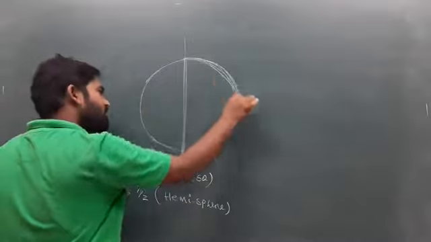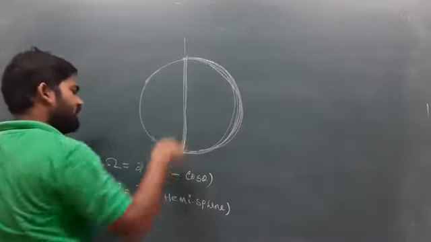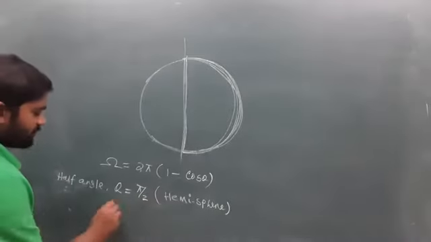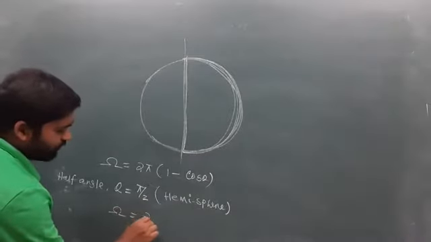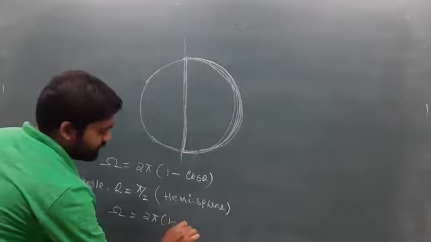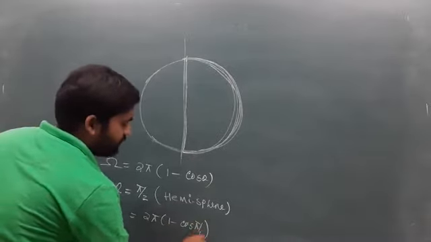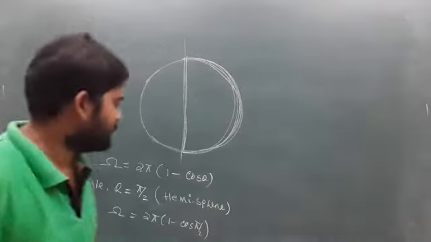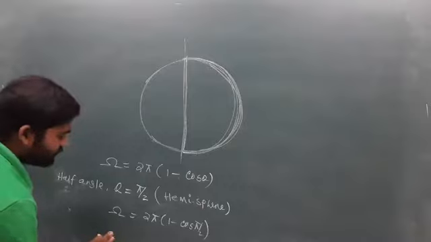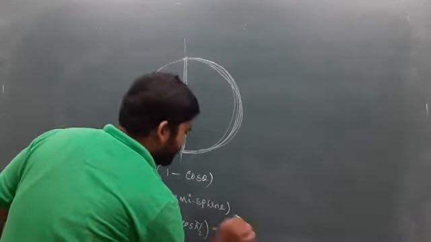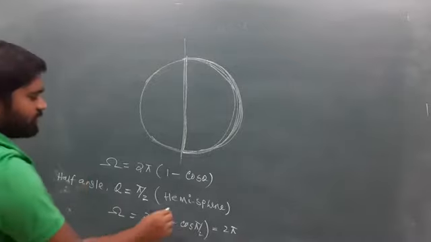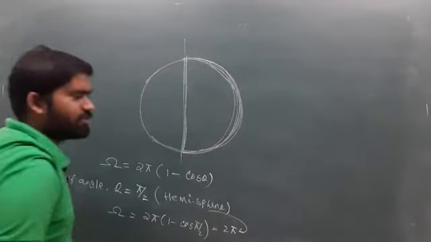In such a case the solid angle equals 2 pi into 1 minus cos pi by 2. Since cos pi by 2 is 0, that equals 2 pi. So the solid angle for a hemisphere is 2 pi.